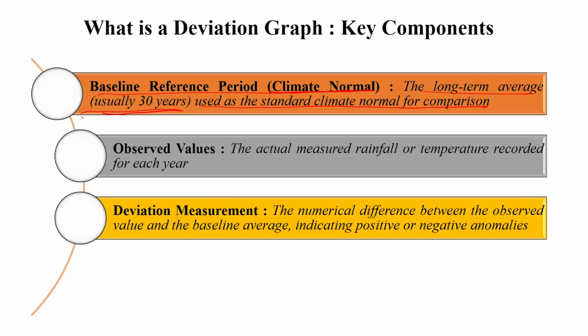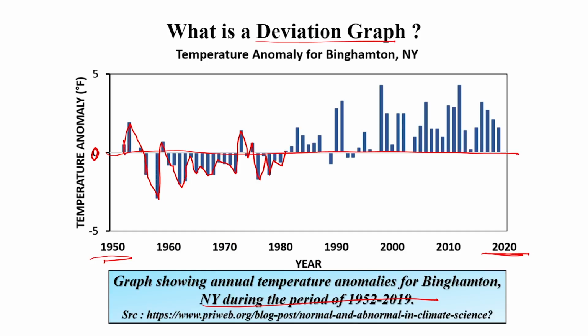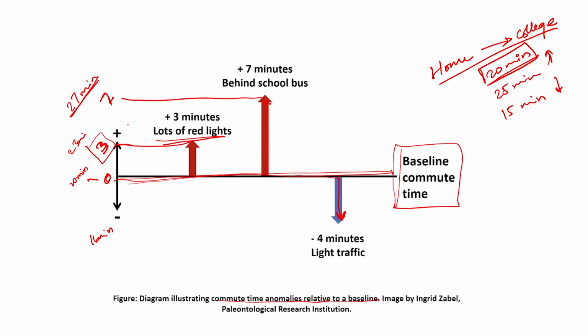Next is deviation measurement. The numerical difference between the observed value and the baseline average, including positive and negative anomalies. Whatever values we have marked in our deviation graphs, this +3, +7, -4, these are all deviation measurements.